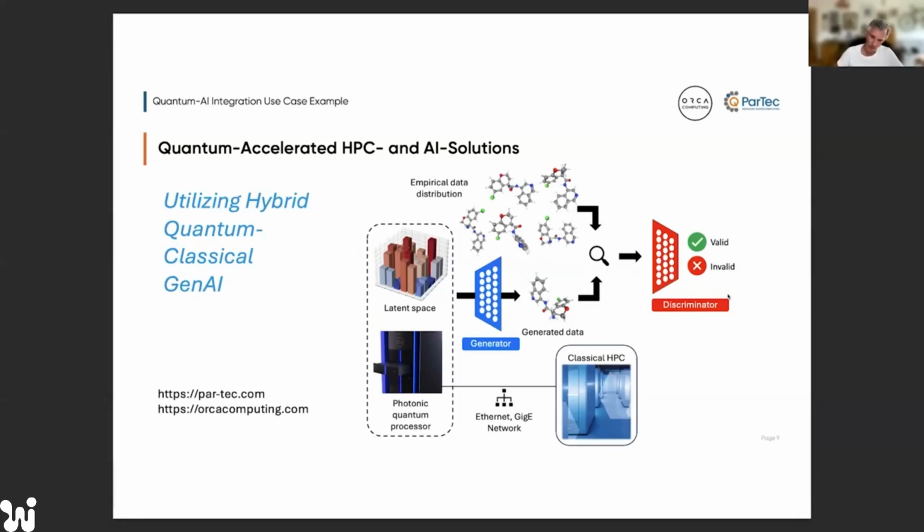Because it's a large molecule, the molecule can rotate and can have a different structure. And all this belongs then to a different kind of energy for this molecule. And of course, the oil companies, the pharma, and the chemical companies are interested in these new conformers and isomers, which they do not recognize right now with the classical methods.